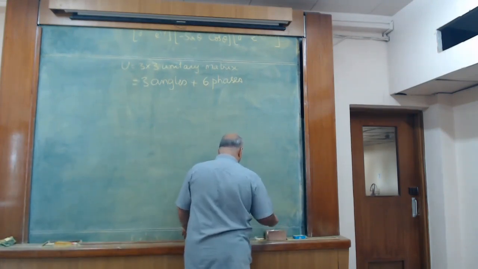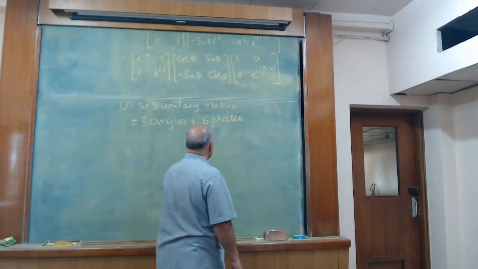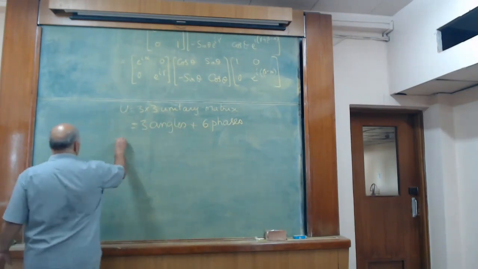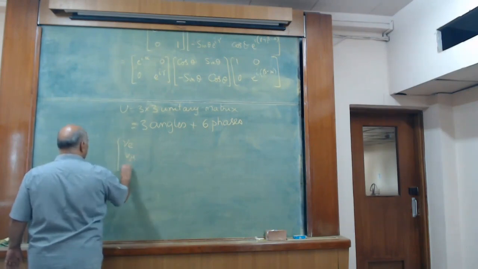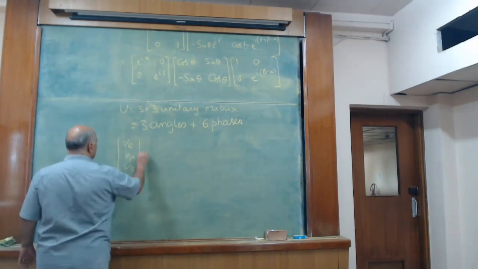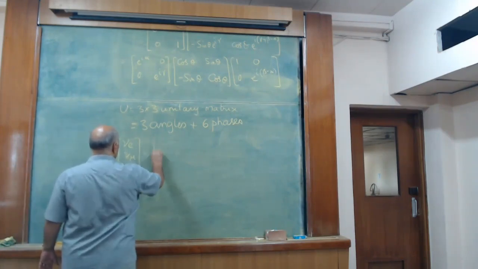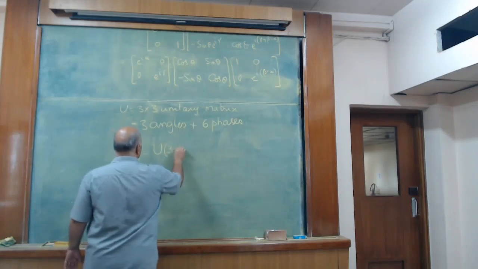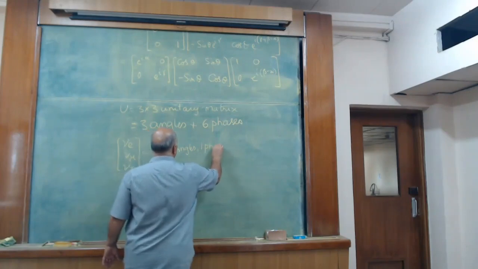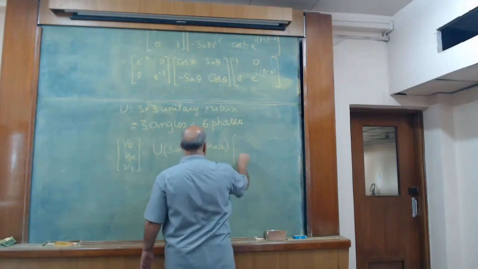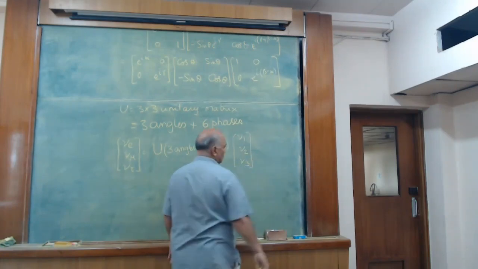So in the 3x3 case, we have nu e, nu mu, nu tau, which is a function of 3 angles and 1 phase, times nu 1, nu 2, nu 3.